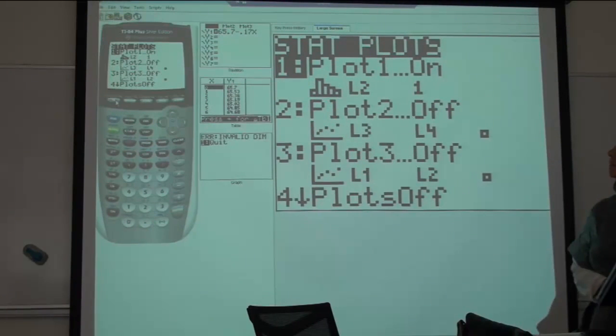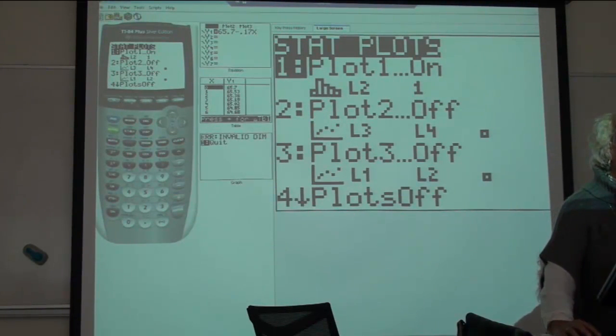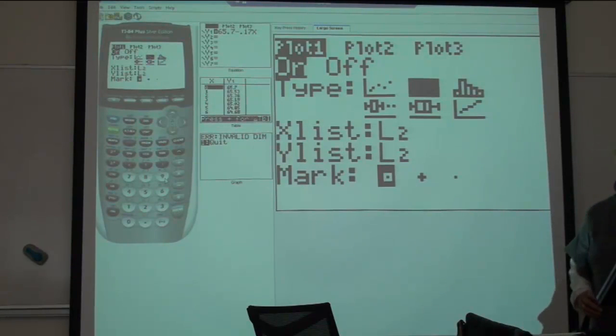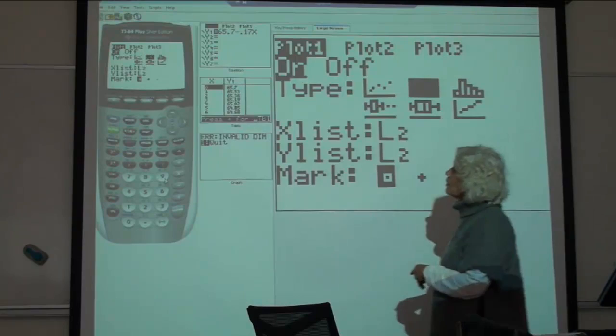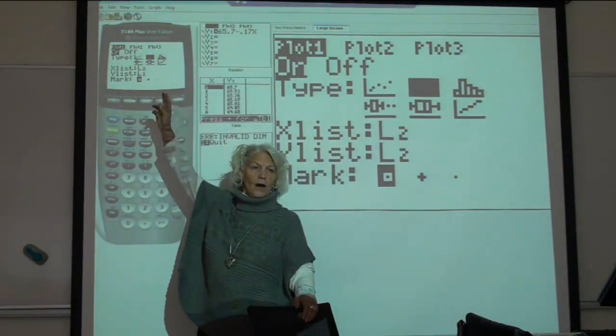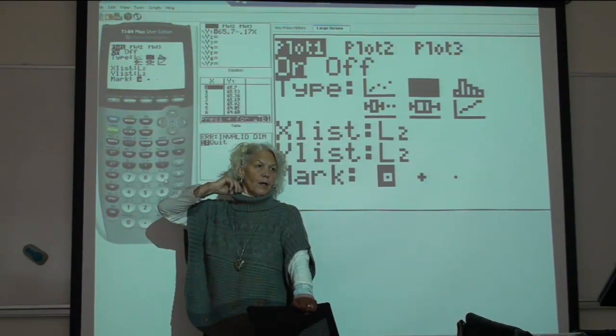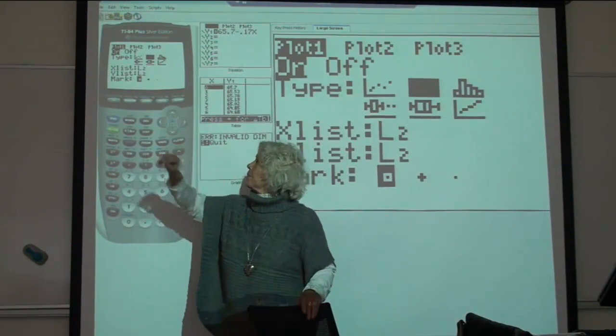So X plot. And I'll use the first plot again. Which one am I going to choose? The second one. And notice, as soon as you tell it the second one, it's saying we need an X and Y value now. It already knows it's going to do a frequency polygon or a line graph or something.